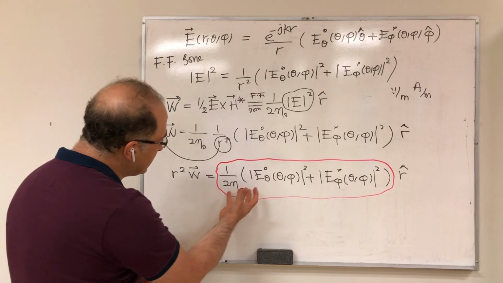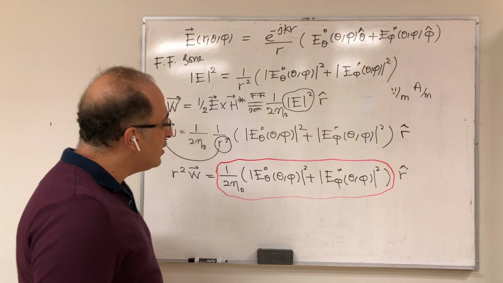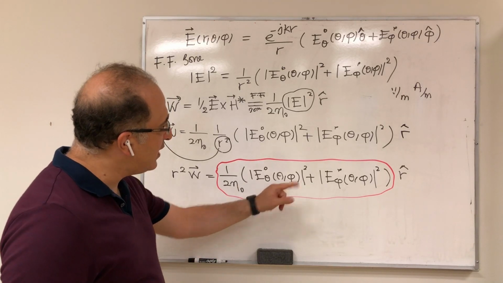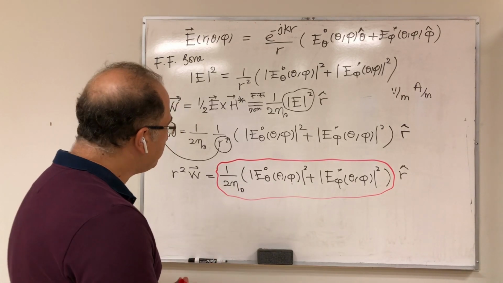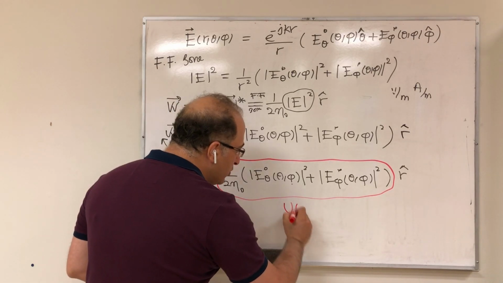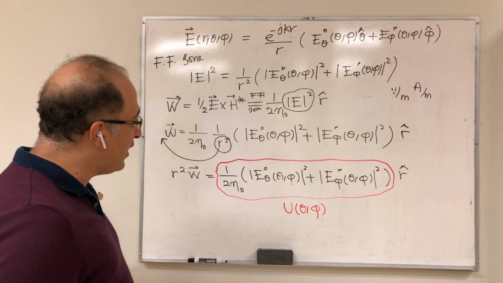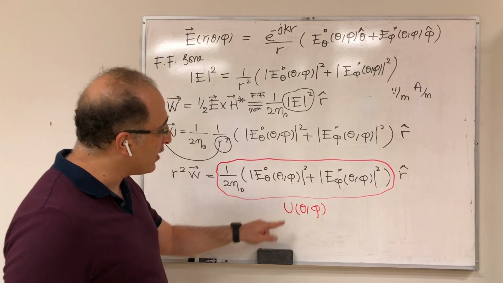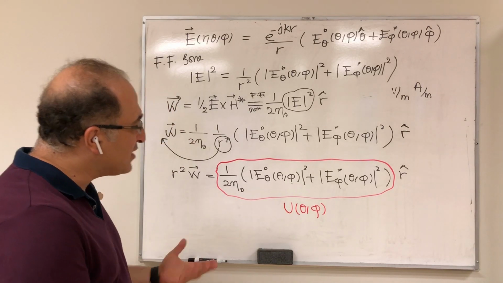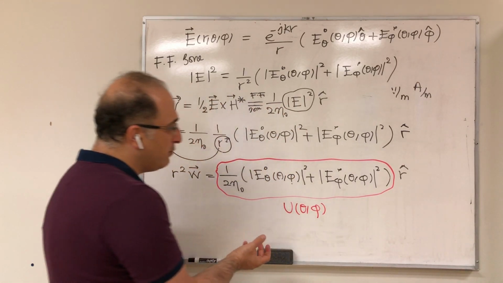And the thing that remains here is a quantity which is based just on theta and phi, purely angular. And I'm going to refer to this as U of theta and phi. And remember, now I don't have R here. The argument of U is theta and phi. And also, because I already know that this is always R hat, there is no point of making U a vector.